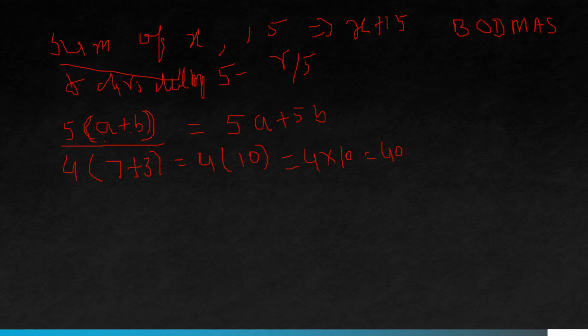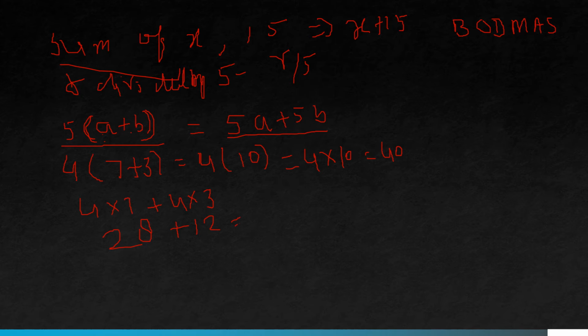The other method is using the distribution, right? We can multiply 4 by 7, 4 into 7, and then the operator plus 4 into 3, 4 multiplied by 3. So 4 into 7 is 28, plus 12, since 4 into 3 is equal to 12.